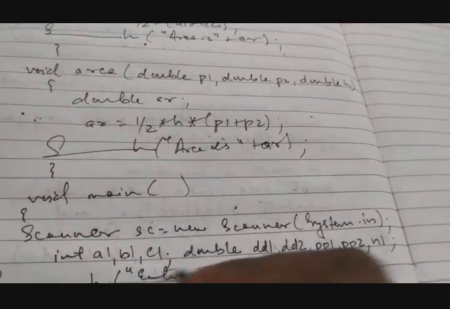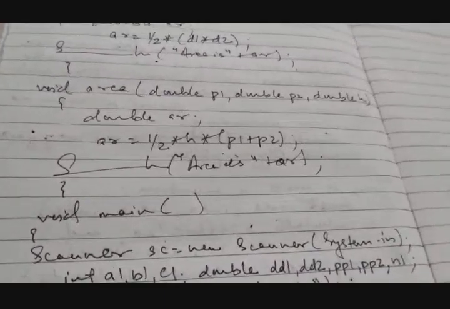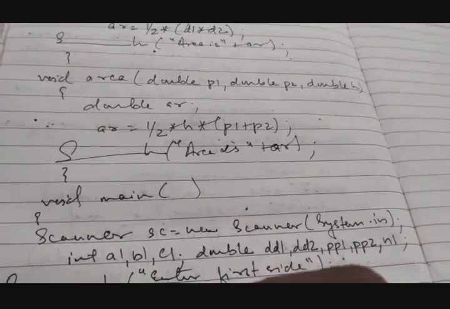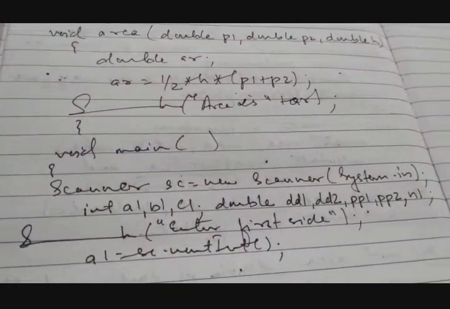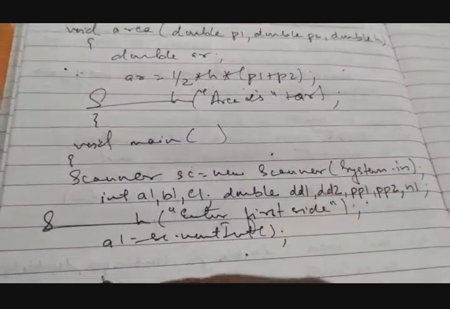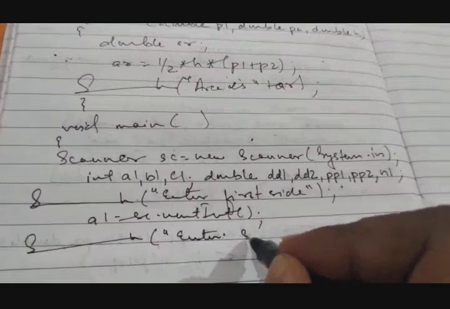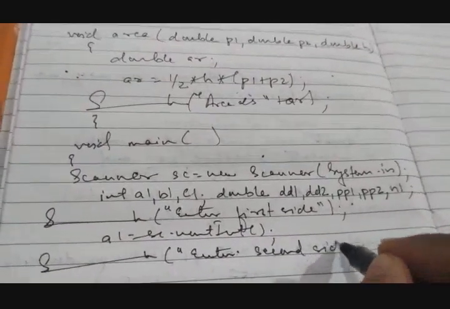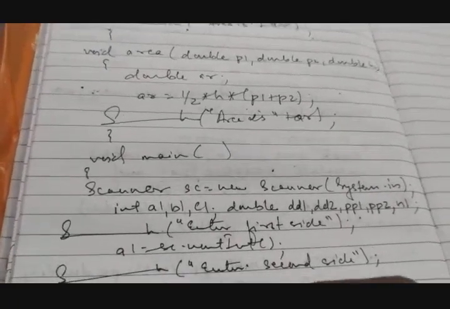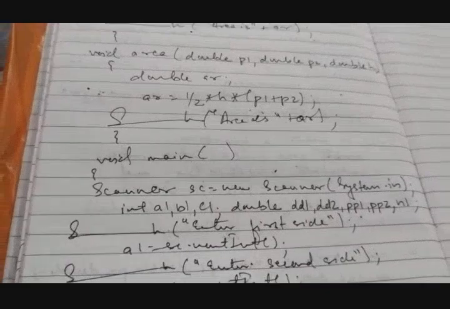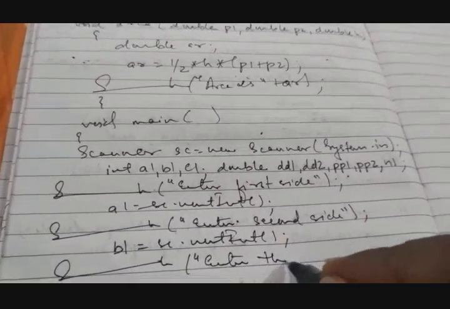Alright, now enter first side, a1 equals to sc dot next int method. Enter second side, enter third side.